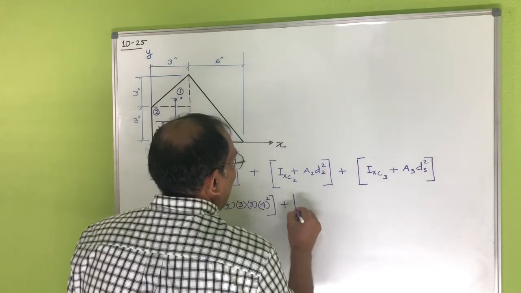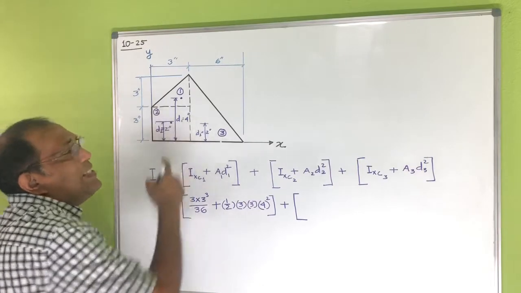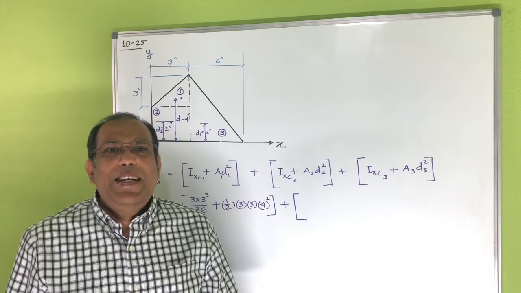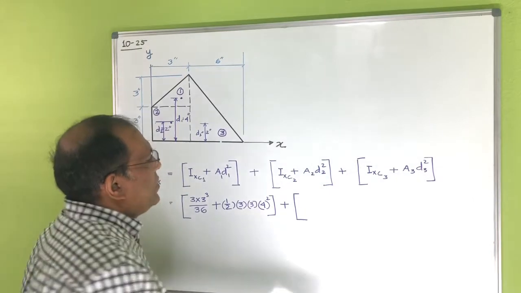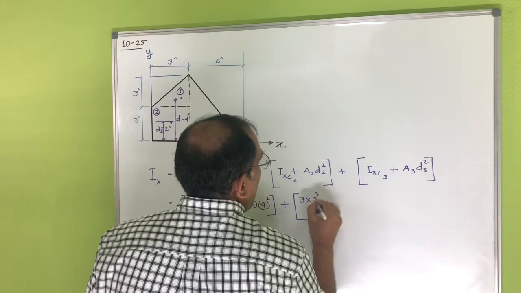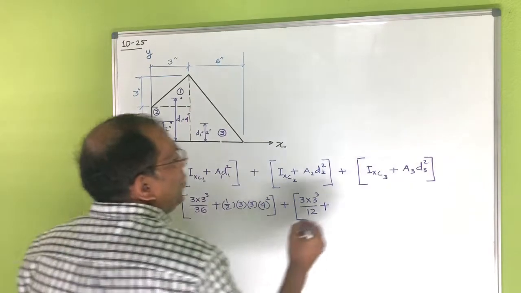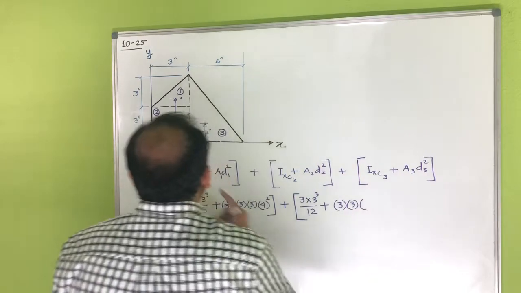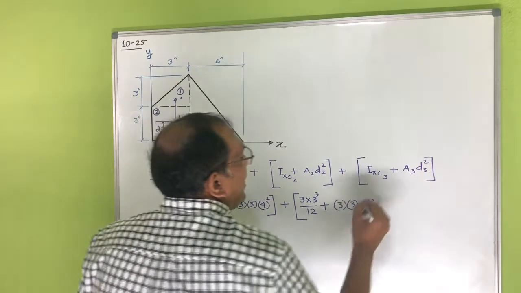Plus, for component 2, this is a rectangle, and Ixc for a rectangle would be b h cubed by 12, so 3 into 3 cubed divided by 12, plus A2, which is 3 into 3, and d2 is 2, so 2 square.